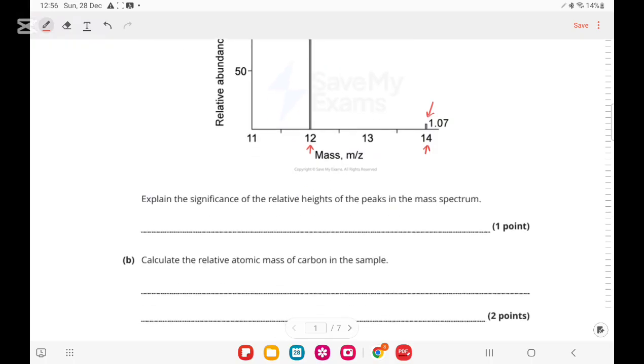Explain the significance of the relative heights of the peaks in the mass spectrum.